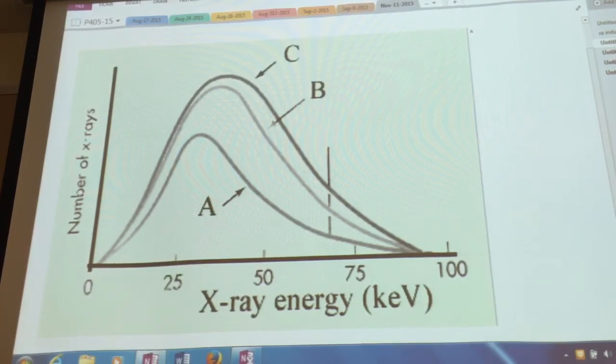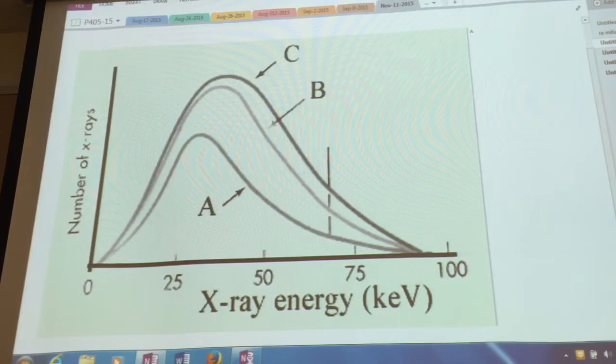Same target, same KVP. Is it time? Well, if you change the time, then everything would be the same, except for the MAS. The MAS is affected by time.